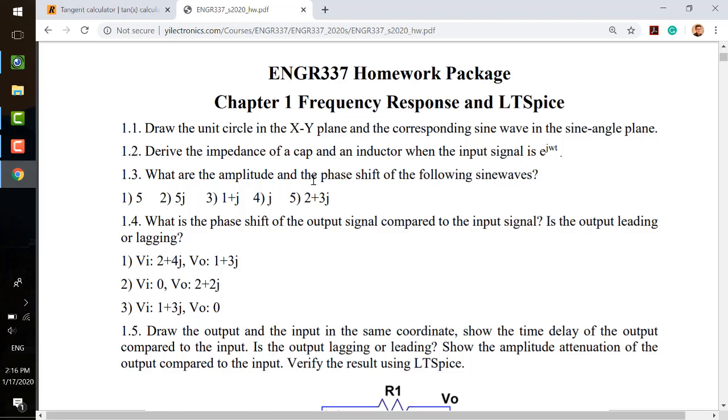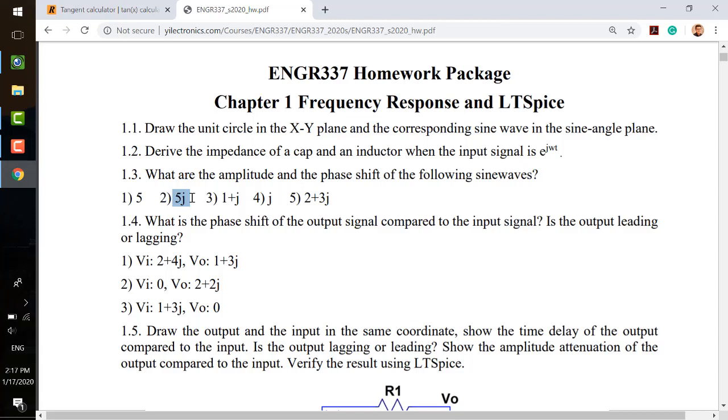What are the amplitude and the phase shift of the following sine waves compared to the sine wave? What is the phase shift of 5? 0. It's a bar on the x-axis, 0 phase shift. And what's the amplitude? 5. Because the square root of 5 squared plus 0 squared is still 5.